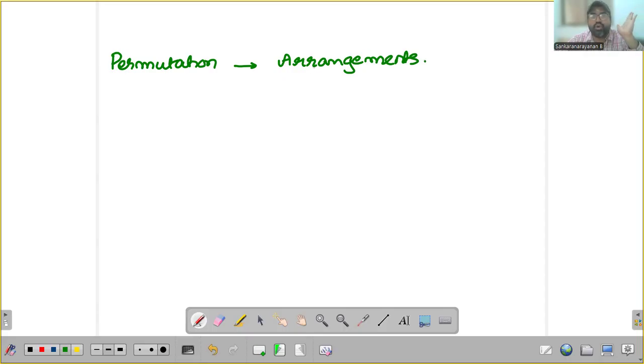Permutation is all about arrangements, and combinations, when I say combination, please be aware that it is all about selection. So this is the first and most important thing that you should keep in mind. Permutation is all about arrangement. Combination is all about selection.